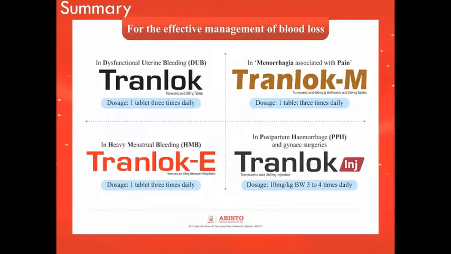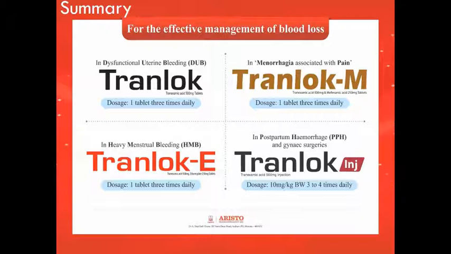Coming to the summary, for the effective management of blood loss, we have four products. First is Tranlock. It is given in dysfunctional uterine bleeding. The dosage is 1 tablet 3 times daily for 3 to 4 days. The second product that we have is Tranlock M, which is for menorrhagia associated with pain, and the dosage is 1 tablet 3 times a day for 4 to 5 days.